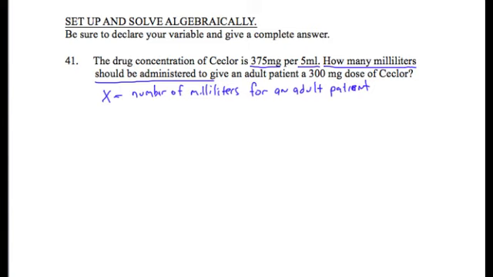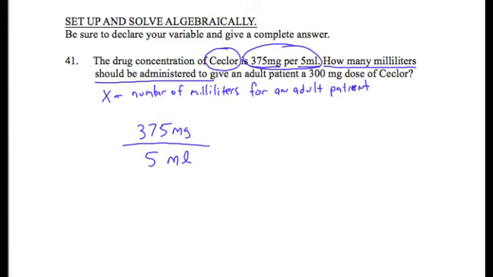The given rate is that in this drug, there are 375 milligrams of active drug in 5 milliliters of solution. When you give a drug, the whole solution is not all drug. In 5 milliliters of this solution, the actual drug part is 375 milligrams.